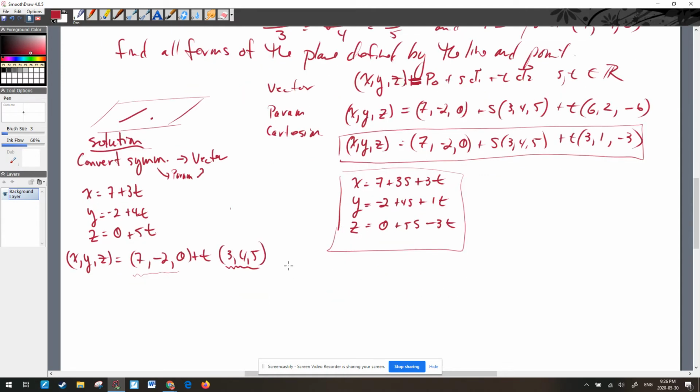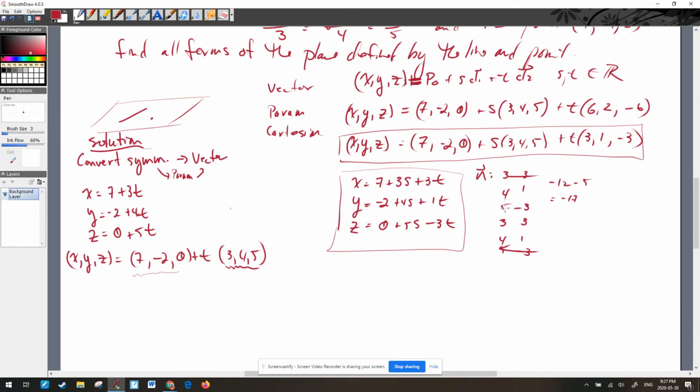And then into Cartesian form. So for Cartesian form, I know I'm going to need the normal vector. So I know that the normal vector comes from the cross product. So the normal vector I'm going to find by doing the cross product of these two vectors, 3, 4, 5 and 3, 1, -3. So we're going to have -12 minus 5, which is -17.